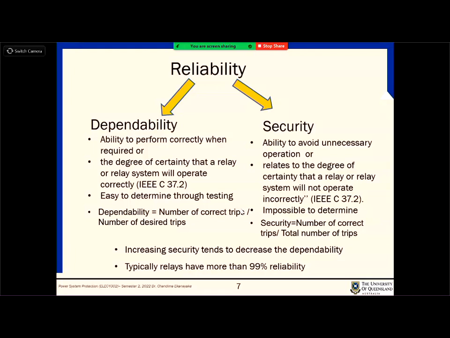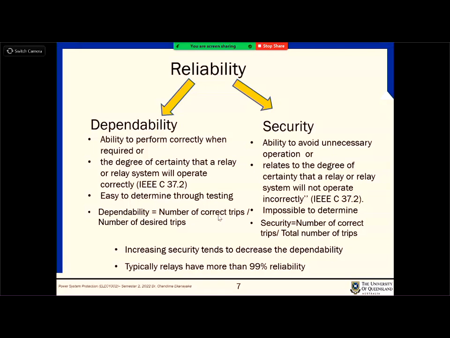So that is 4 divided by 5. And this number has to be less than or equal to 1, because correct trips should be less than or equal to the desired number of trips. If it is more than that, it means that some of them are wrong ones.